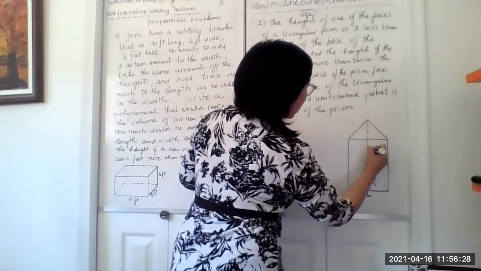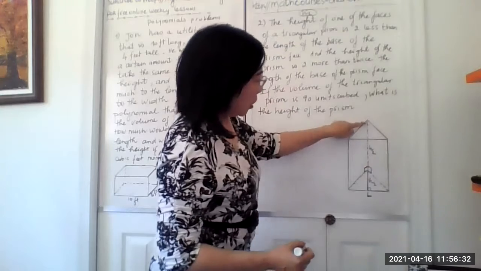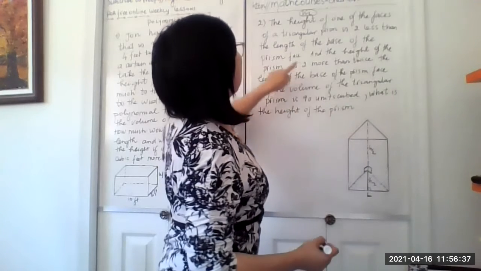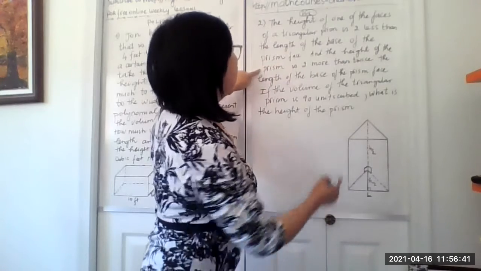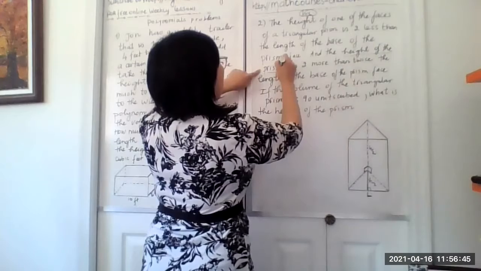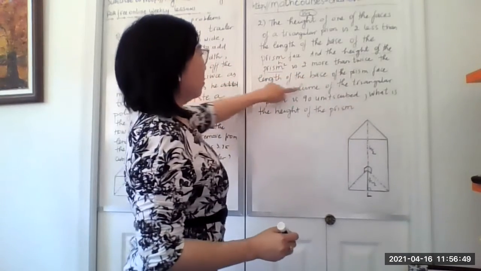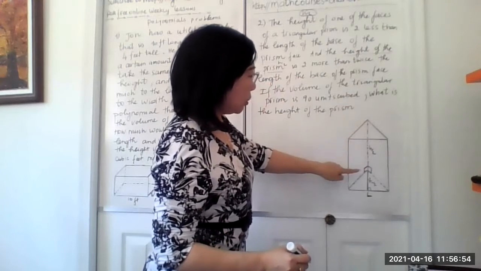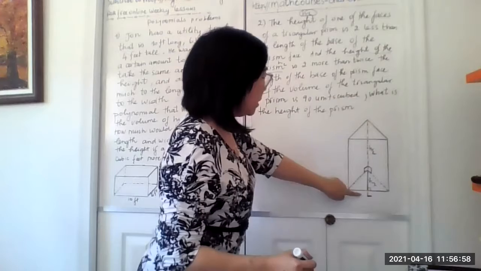So I call this height 2. The dotted line from the top to the bottom of the prism is height 2. And they say height 2 is 2 more than twice the length of the base. So this unit has 2 more units than twice the length of the base here.